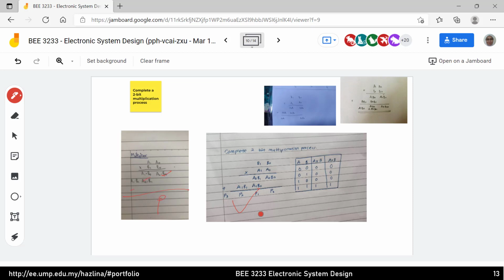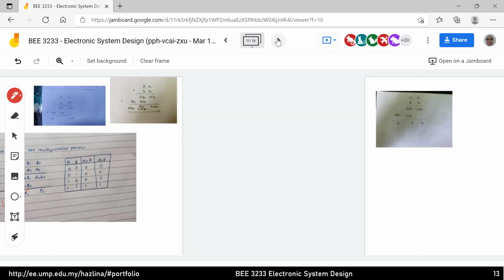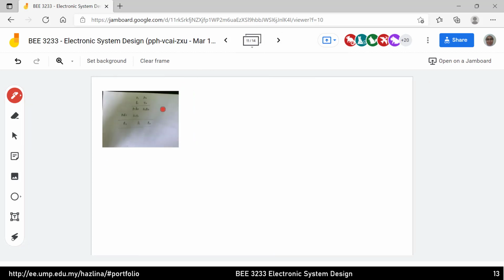Why it is important for me to see that you have the product as well is because if you don't note there is P0, P1, P2, P3, and P4, there is a tendency you miss out the operation that you need to add here. P ni maybe directly, but here you need to add adder. Now adder in this case, half adder saja dah cukup. Tapi kalau dia involve more number of bits, half adder maybe is insufficient. Your friend here noted this one is the addition process and so on. Yang ni pun sama betul.